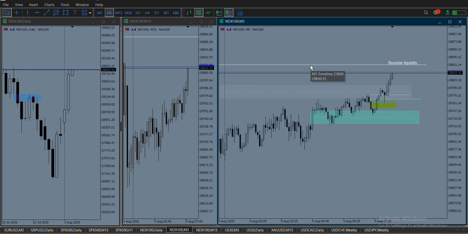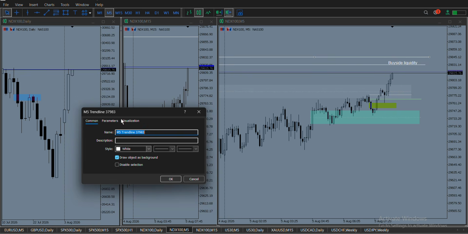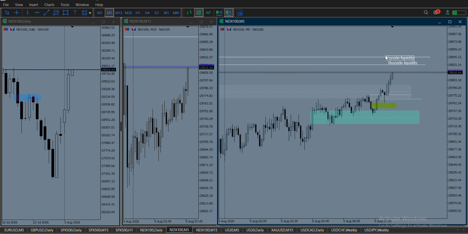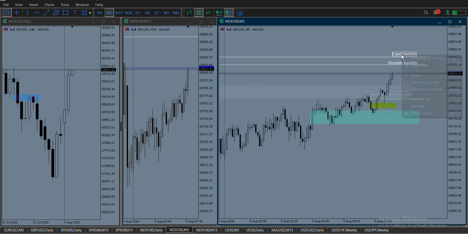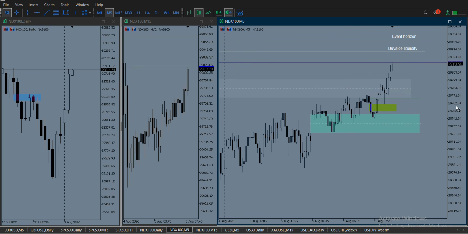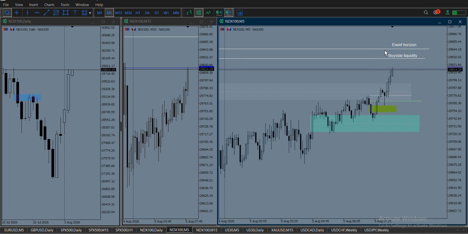So let me just highlight that. It's right there. That's what we call event horizon, between that buy side and this candlestick high, that is 862.95.